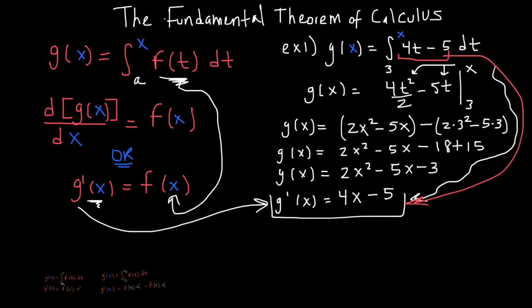Your t variable becomes x. From now on, we're never going to do this the long way. We are never going to actually take the integral, evaluate the limits, and then take the derivative, because that would be a waste of time. We're just going to follow the theorem: if you want the derivative of an integral function, you just get the integrand, but the t variable becomes the x variable.